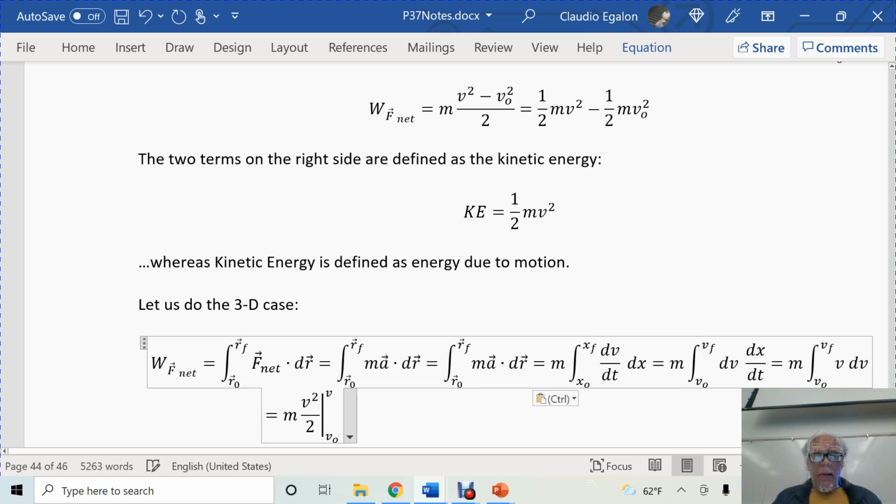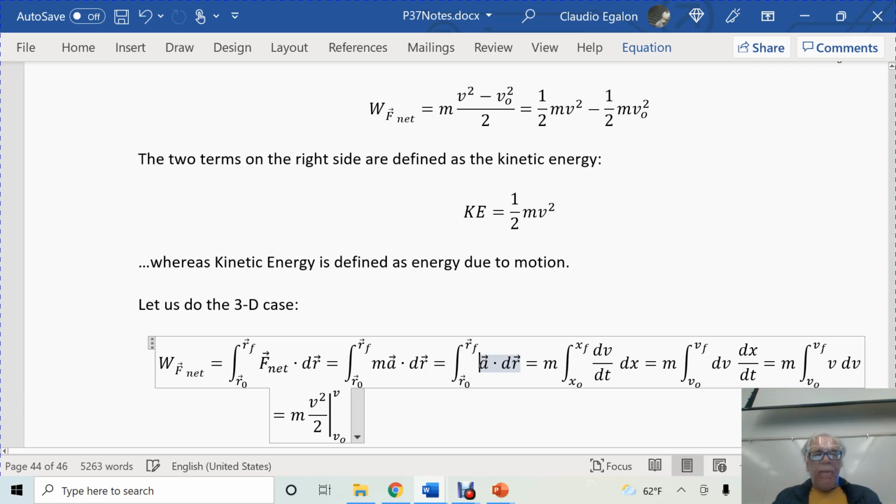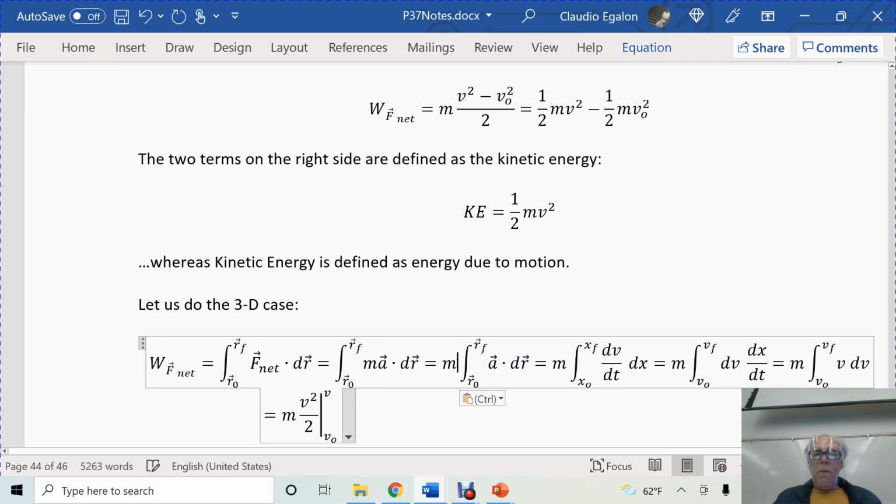First thing we do is to take the mass out of the integrand. Next thing we do is to replace the A with a dv/dt vector.